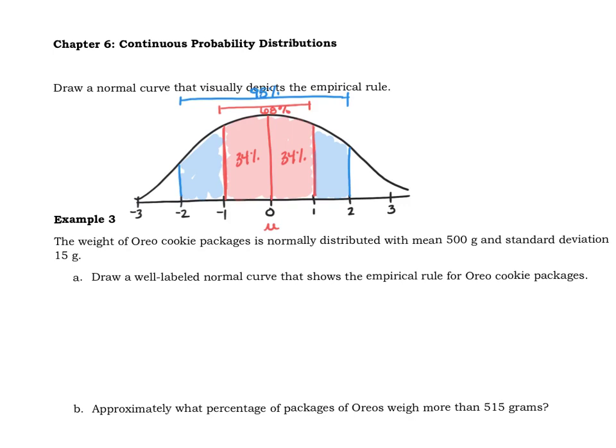Now we have to split that 27% between the right side and the left side, and so each of those regions contains about 13.5% of the data or the area. Again, probability, area, the amount of data, all the same thing.